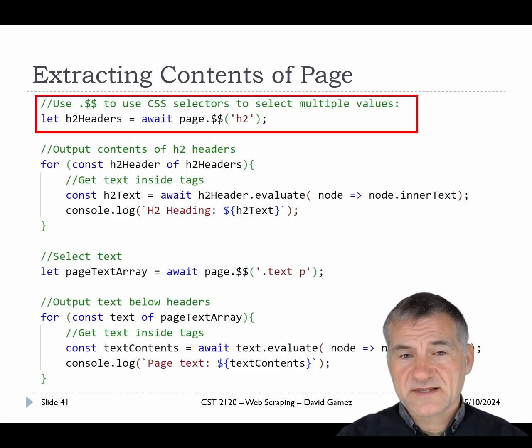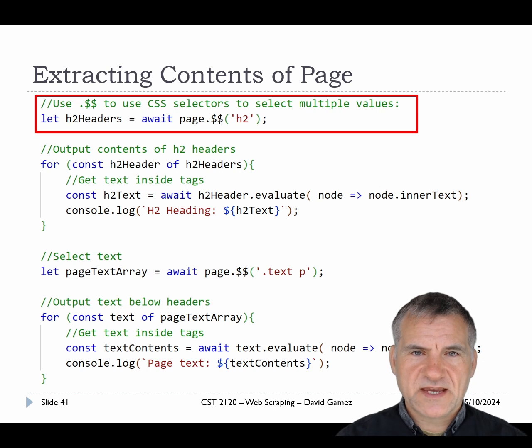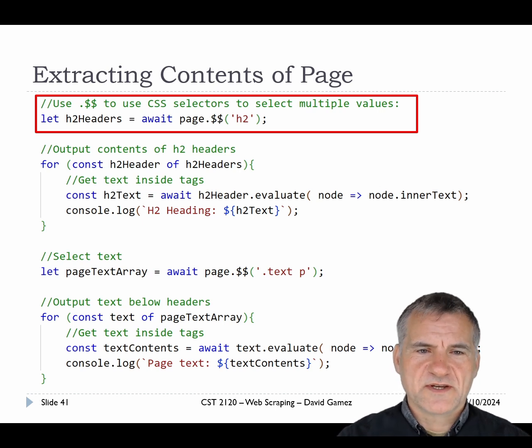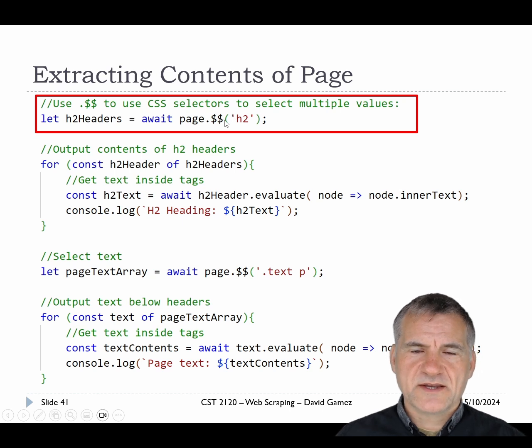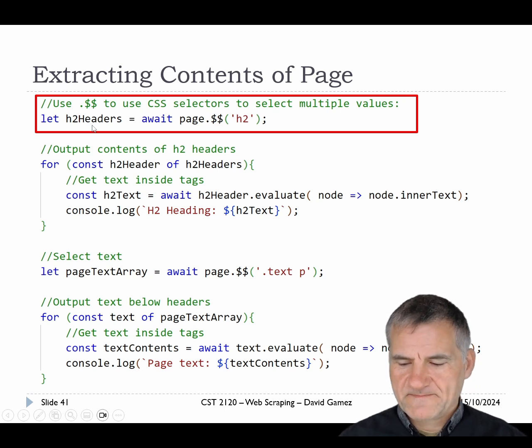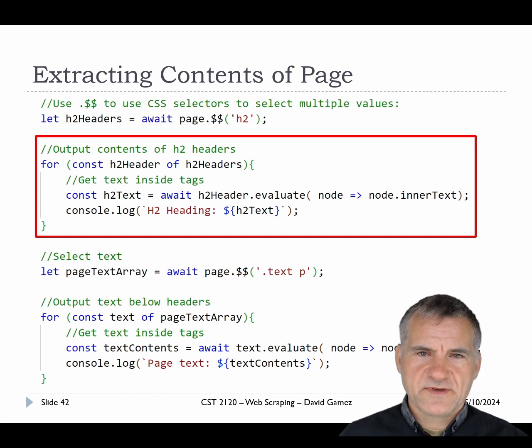To get the headers turns out to be really easy. I can just grab those with H2. All I have to do is use this double dollar notation. It's a bit like jQuery for those of you who are familiar with jQuery. It's a double dollar notation with the CSS selector here, and it returns an array of elements on the page that match that selector. And then I can work through those elements.